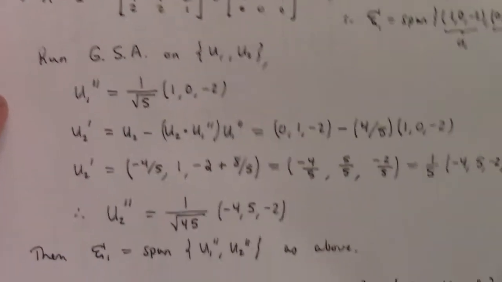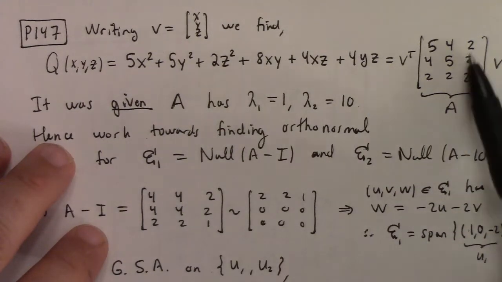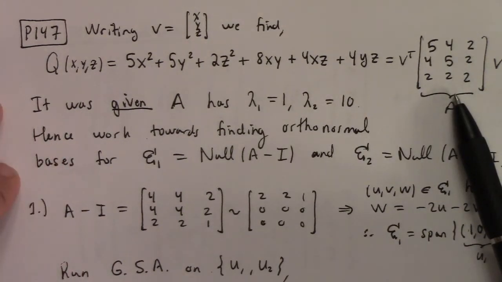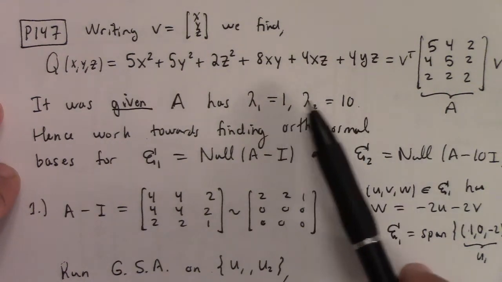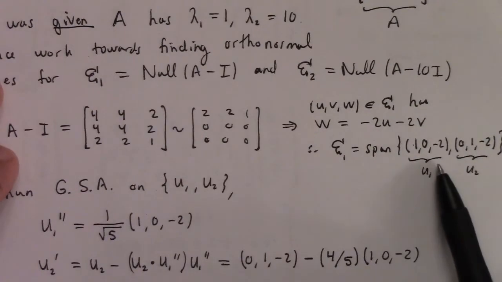Here's a 3-dimensional one. So here's a quadratic form. In 3 dimensions, we get this matrix A, and I gave the students that the eigenvalues were 1 and 10 for A. This one happens to have 2 eigenvectors with eigenvalue 1, so basically the span of these two vectors is the eigenspace.